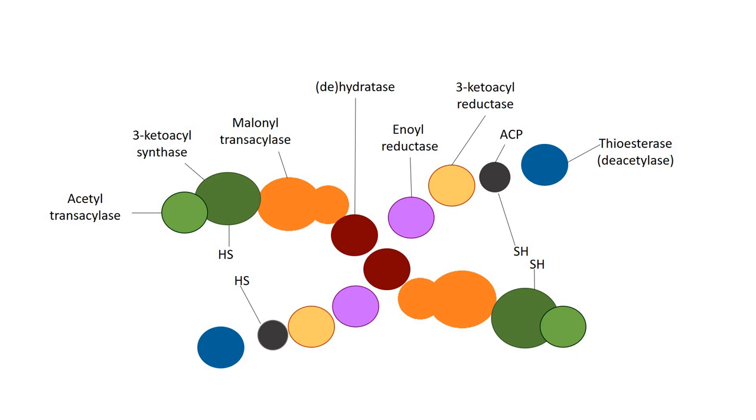Fatty acid synthase includes the following enzymes: acetyl transacylase, ketoacyl synthase, malonyl transacylase, hydratase, enoyl reductase, ketoacyl reductase, and thioesterase or deacetylase.